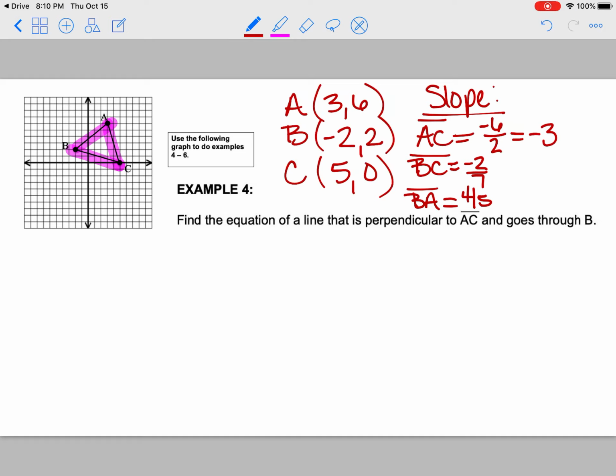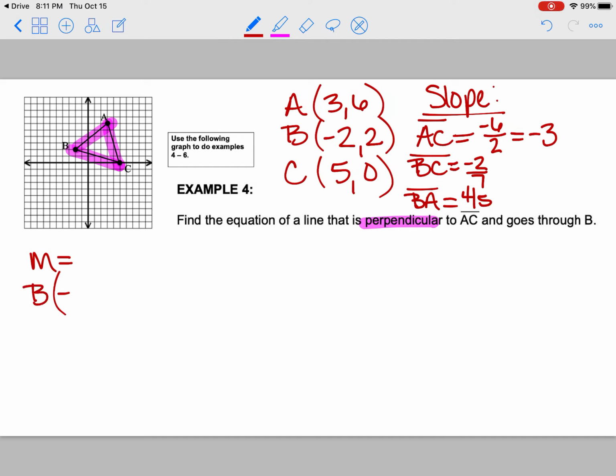Okay, so the first one, we are looking at an equation of a line that is perpendicular to AC. So it's got to be perpendicular to AC, so perpendicular slope, and it goes through point B. So you want to have two things every single time. Those two things are your slope and the point given.